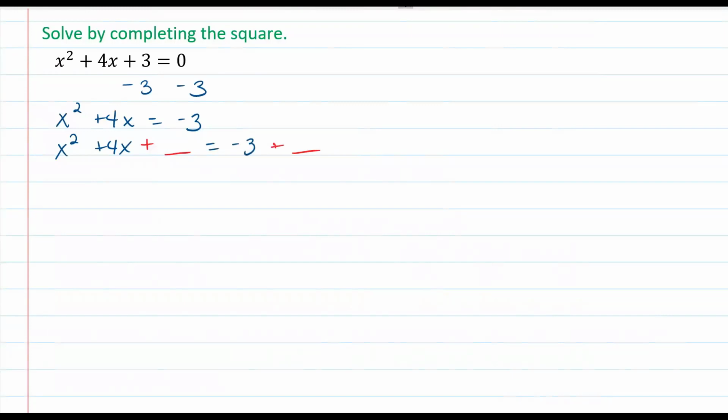So the constant that we put into that blank is b divided by 2 quantity squared. In this case, b is my 4, so it's going to be 4 divided by 2 quantity squared, which is equal to 4. So this is going to be adding a 4 to each side of the equation.